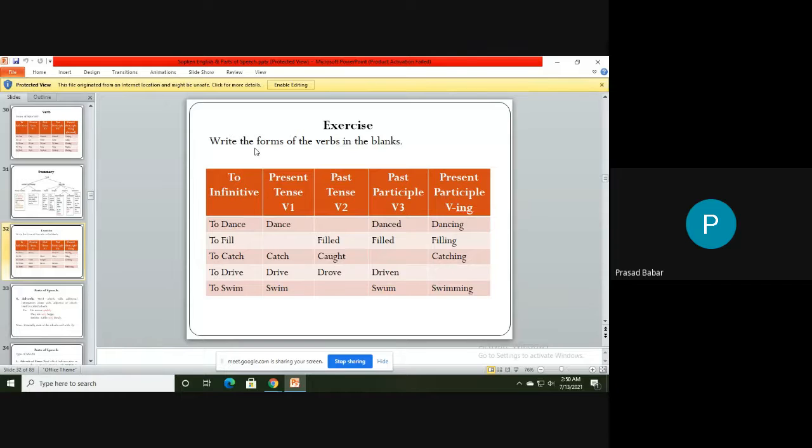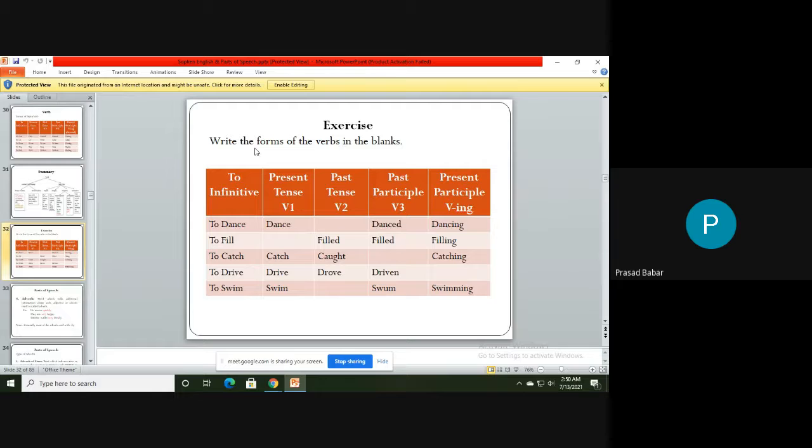As it is a regular verb, we can add ed to this verb and form its second form, which will be danced. And after that its third form is danced, and the present participle form, or V-ING form, is dancing.